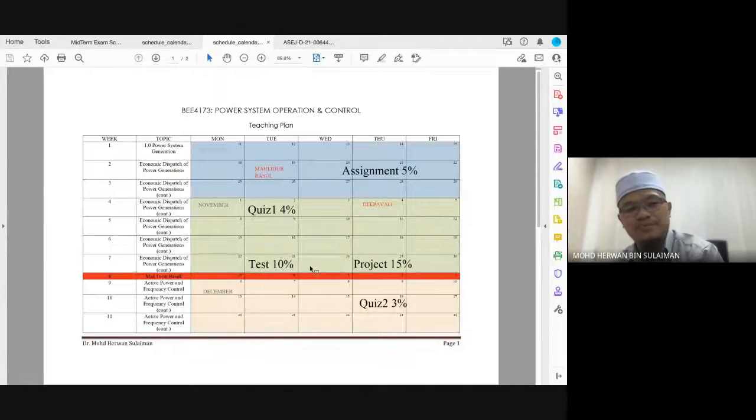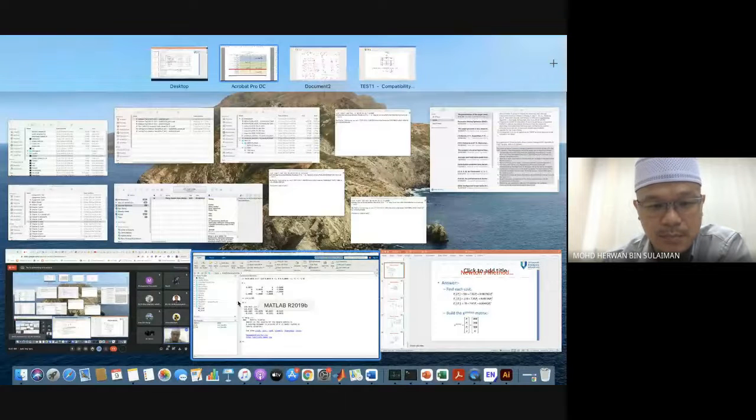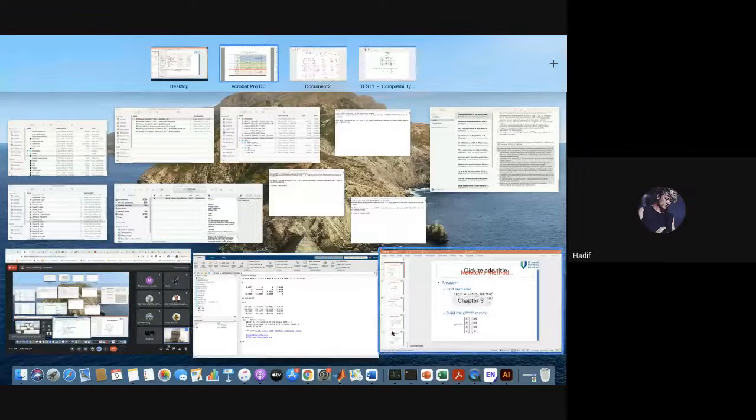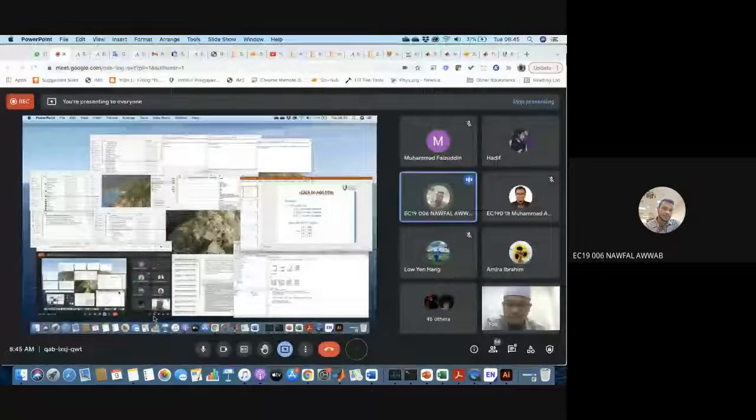Ada soalan tak? 23 November. Sepatutnya tak ada masalah sebab kelas ni satu section saja. Okey, ada soalan? Tak ada, sir. Right. Kalau tak ada, 23 November.